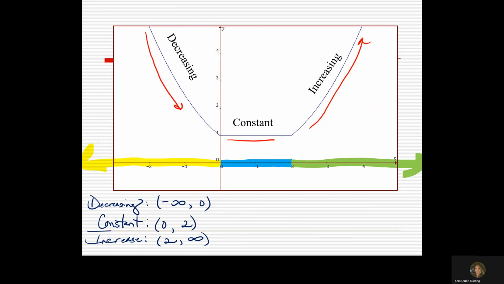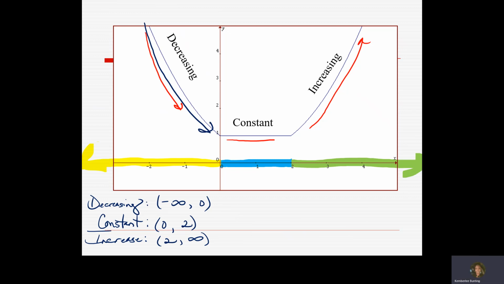How is it decreasing, if we're going off the x-axis? Well, think about it like this. As my x values get bigger and bigger and bigger, remember, we're reading from left to right, my function is going down.